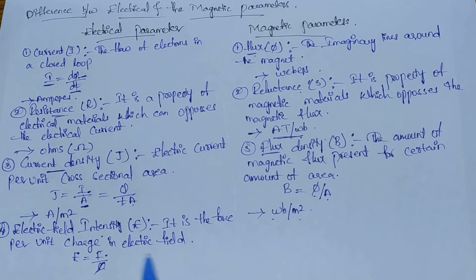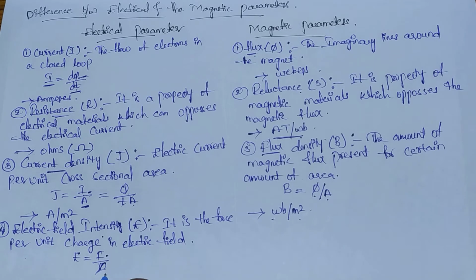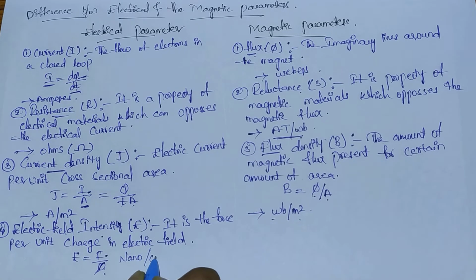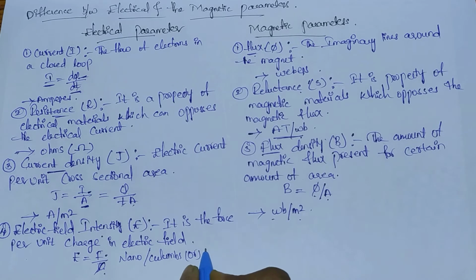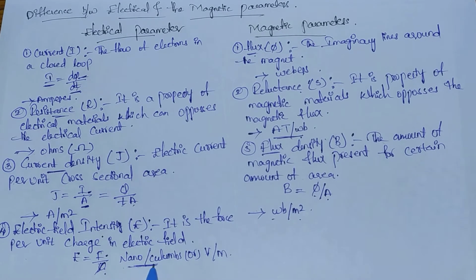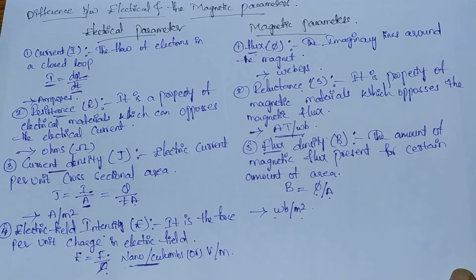The units are newton per coulomb, or we can also write it as volt per meter. Mainly we use newton per coulomb as the units for electric field intensity.